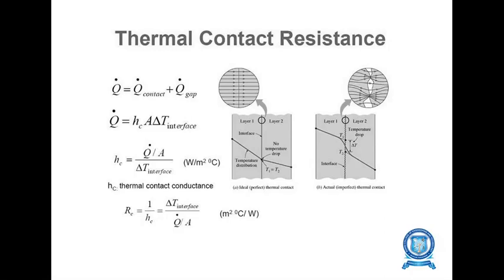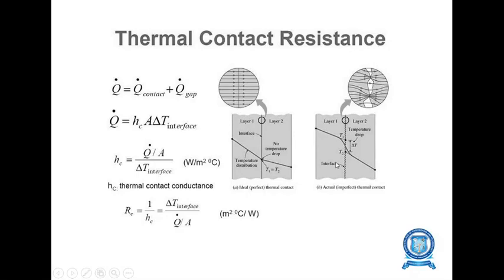Q is equal to h into A into delta T. This is convection heat transfer, where Newton's law of cooling is considered. Hc represents h contact, A will be the area, and delta T interface will be the temperature difference, as shown here. Hc will be the thermal contact conductance.